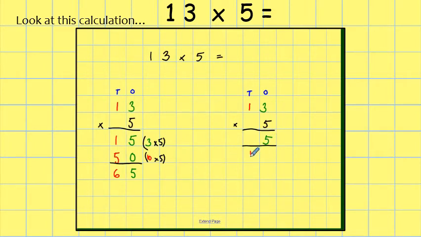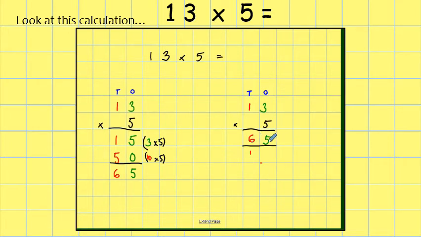We carry it across. Then, just like the next phase, 10 times by 5 equals 50. But we've got this one here. So we've got the 10 multiplied by 5 is 50, plus this one is 60.